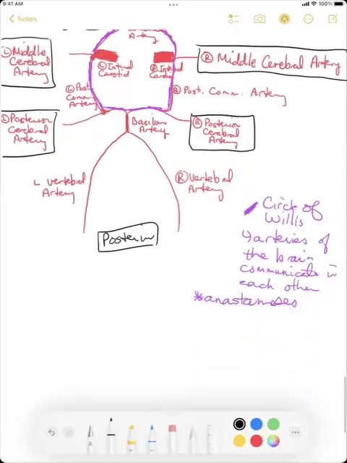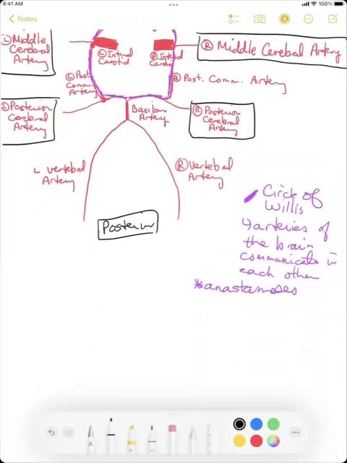So if we look at the anterior cerebral artery, ACA, this is going to supply the medial frontal lobe and the parietal lobes.